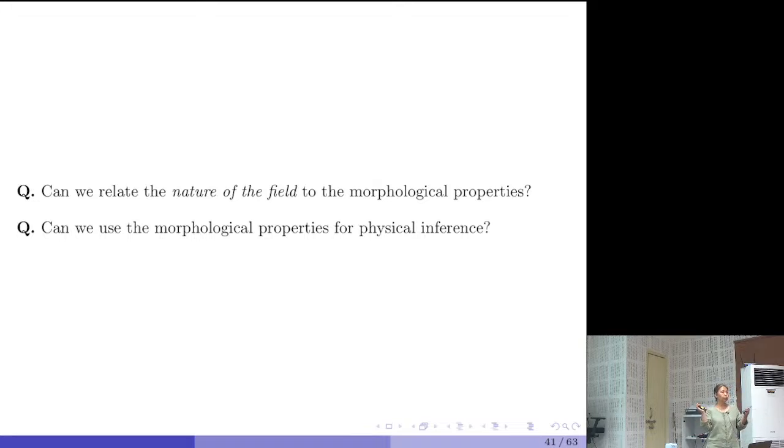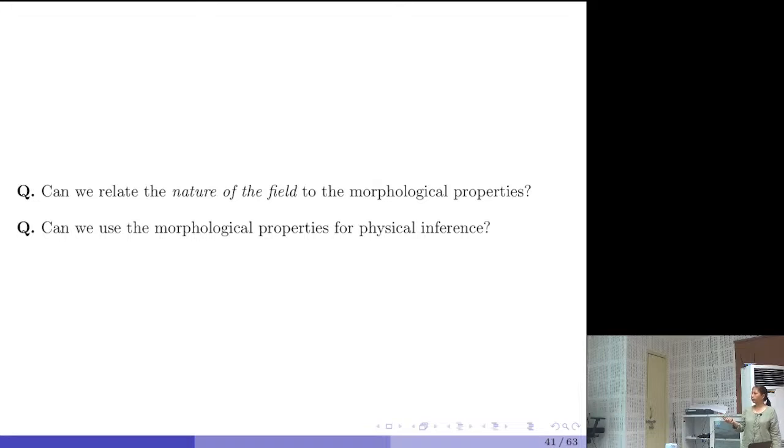So now we will do some analytic calculations, the analytic part, because we want to know, like the question I asked earlier, as a function of the threshold, can I obtain analytic expressions for these morphological statistics? So the first question is, can we relate the nature of the field, by which I mean Gaussian field, Rayleigh field, or log normal field, and so on, to these morphological properties?